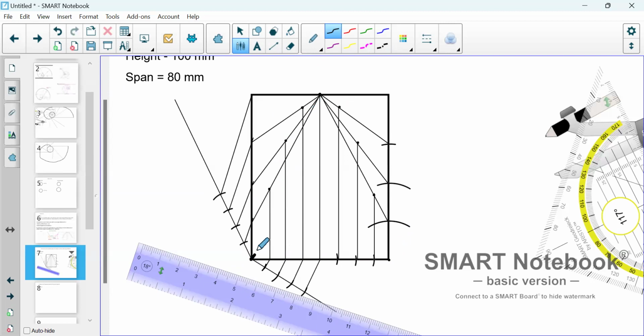So starting from the base, of course, it would be difficult for me to get it very straight because, you know, using a mouse, it's a bit complicated. So that's how basically it would look.